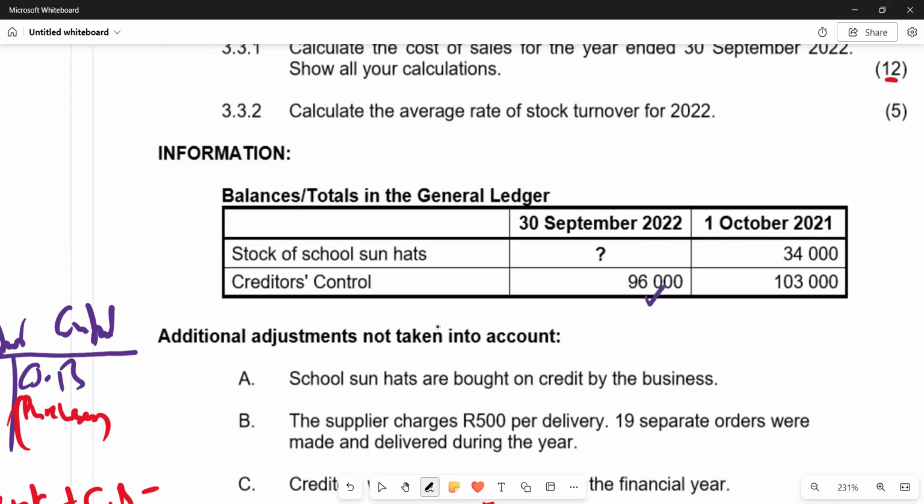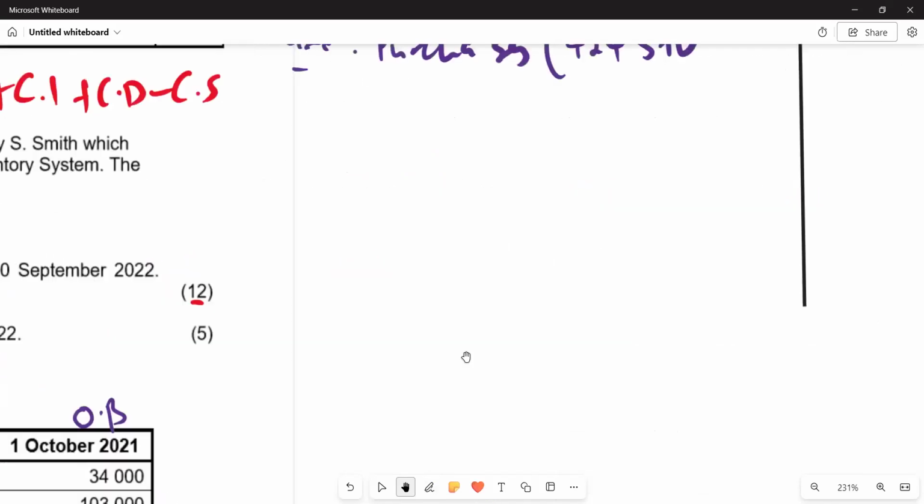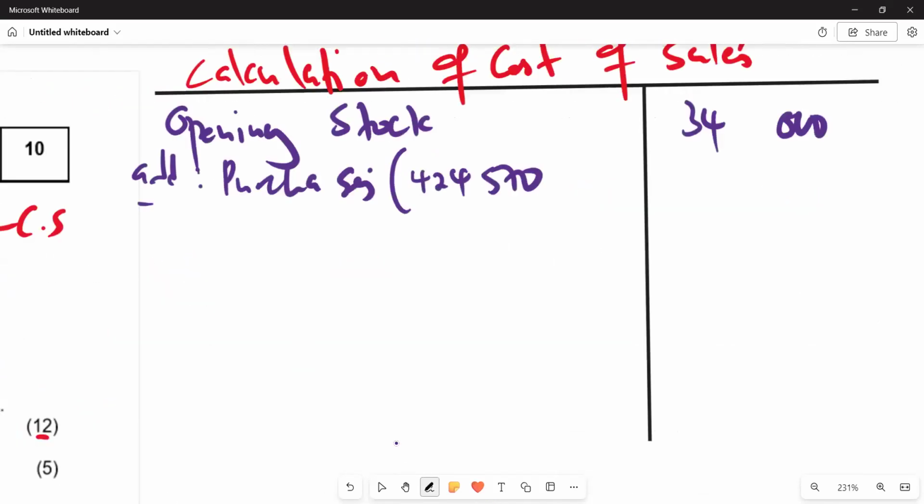Remember, this is 1 October 2021, so this one is our opening balance. Then closing balance 30 September 2022. So this one is our closing balance. So we add our closing balance, and then our opening balance, we are supposed to subtract it. So plus 96,000 minus 103,000.